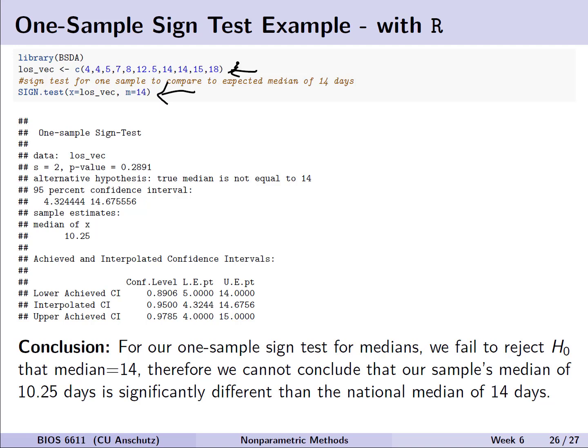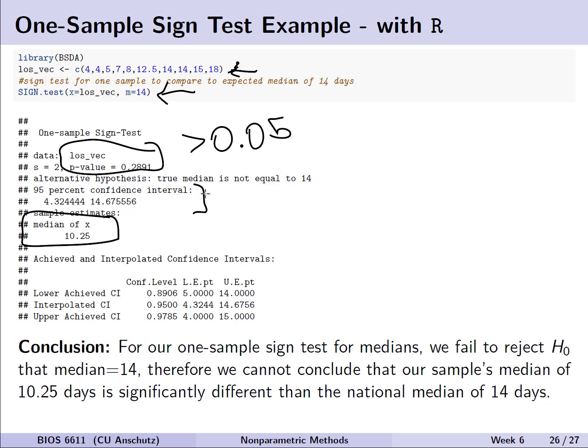When we implement this, we get a couple things we can take note of in the output. One, of course, is the p-value we wish to interpret, and again here we see it's greater than 0.05. Another thing that's nice to note is that we also get the estimate of the median from our sample in the output, so we don't have to calculate it in a separate step. And we also get a confidence interval for this median value as well.